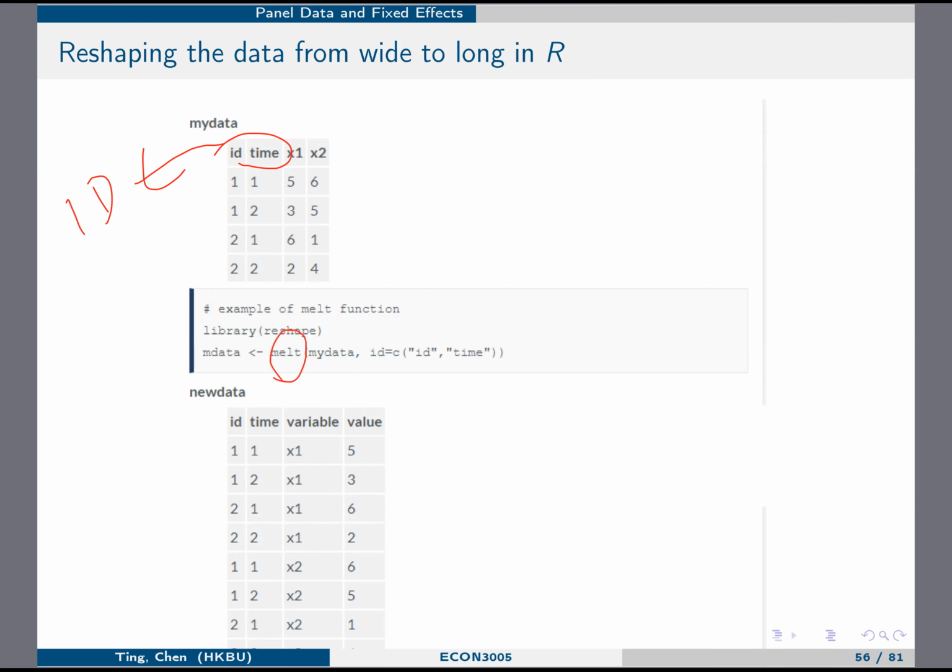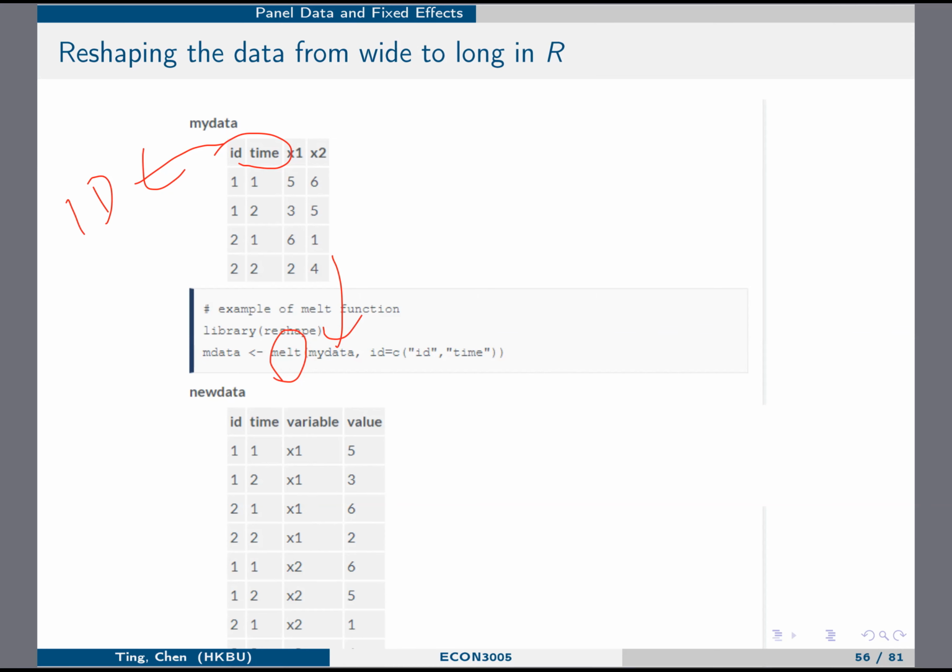In the melt command, first we put inside the data, my data. And at the second argument in the melt function, we have to tell R exactly the identifier for the dimension at the row. Because now each row is defined by both the ID and time. Combine these two variables, we have the unique observation.